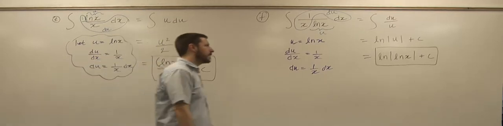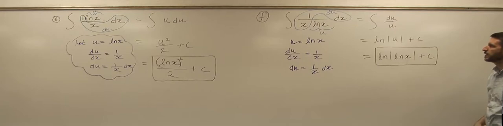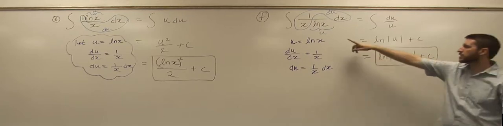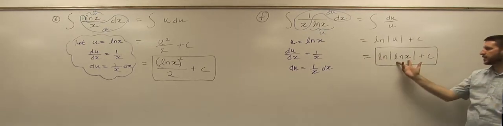Do you need the absolute values? Because by assumption, as soon as I write ln x, I know x is positive. So are these absolute values doing anything?